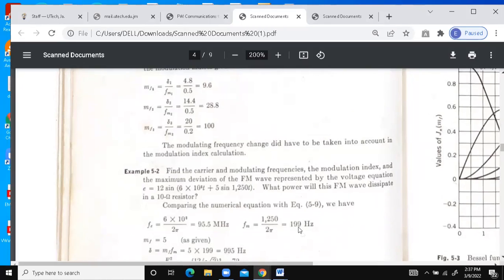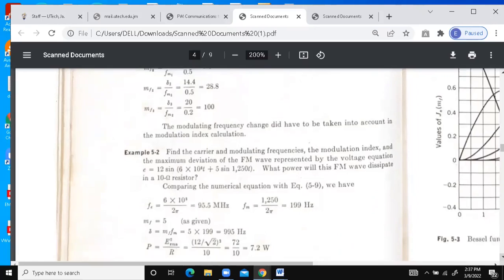Yes, sir, rounded. And yeah, I get the modulation frequency from the equation. I didn't get the power though.